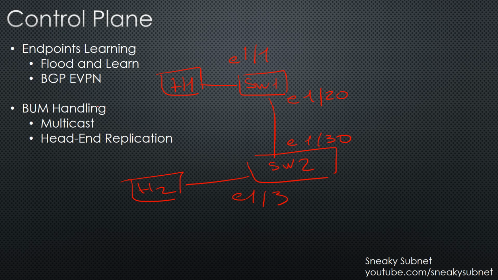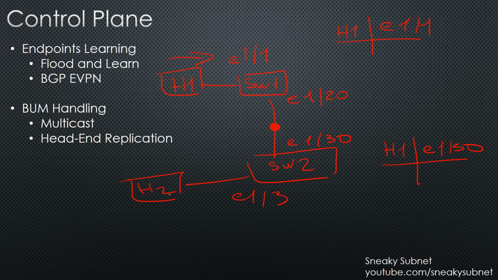Anyway, let's assume that host 1 just jumped on the network and sends some frame. Upon receiving that frame, switch 1 knows that host 1 is located behind interface Ethernet 1/1. It sends that frame over the trunk link between switch 1 and switch number 2, and this is how switch number 2 knows that host number 1 is located behind Ethernet 1/30.